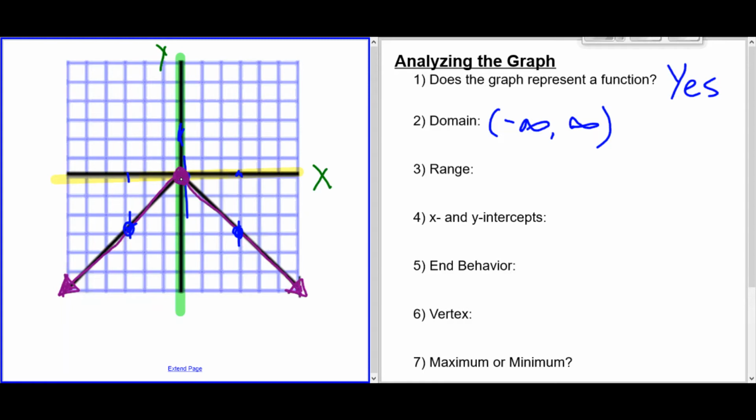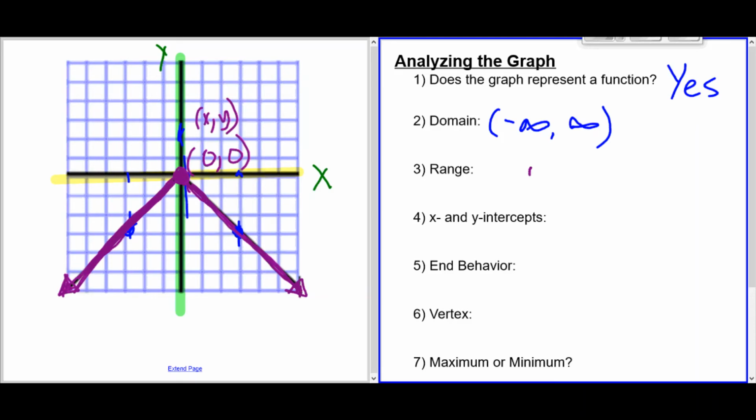So this is the highest point on my graph. So that means this is the ordered pair 0, 0. So the y value there is 0, because remember it's x comma y. If you'll notice, all the other points on this purple line lie below that ordered pair 0, 0. So that means my highest y value is 0.